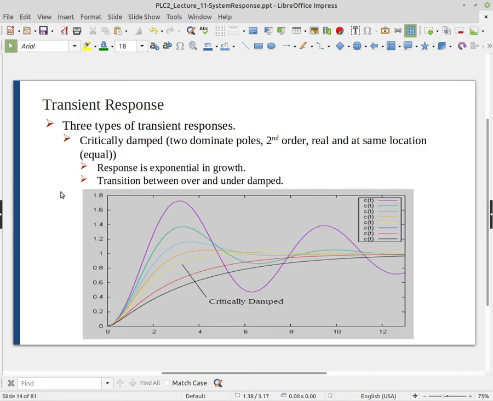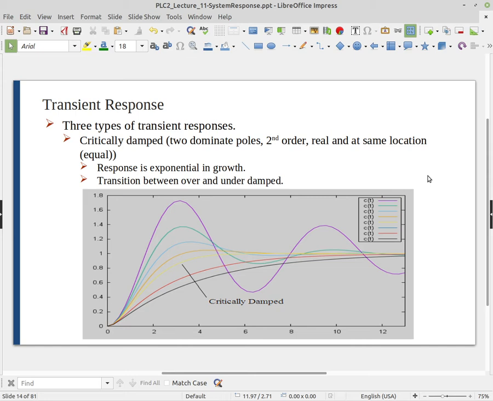All right, so for oscillations, or for a critically damped system, you need to have at least a second order system. You could have more than a second order system, but you must have at least a second order system. To get critically damped, what that would mean is that the two poles are exactly the same. And again, we'll get into how we calculate poles and how we can look at a pole and see what's happening.